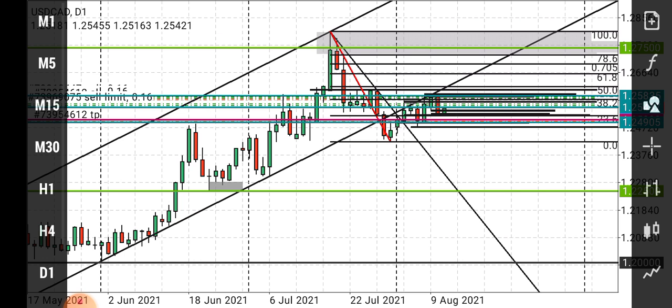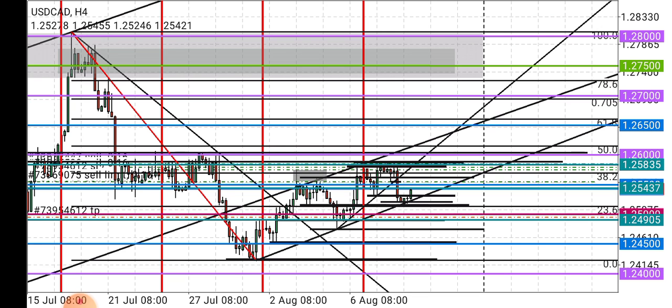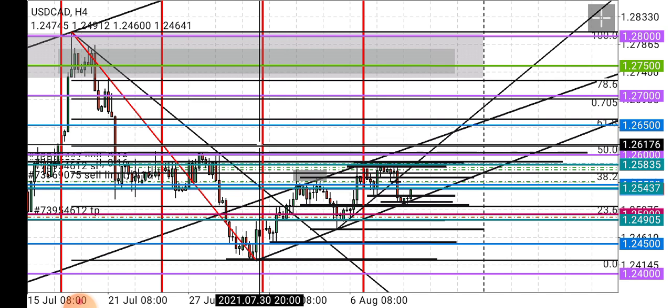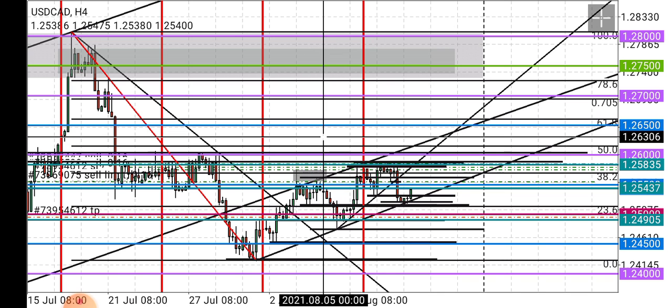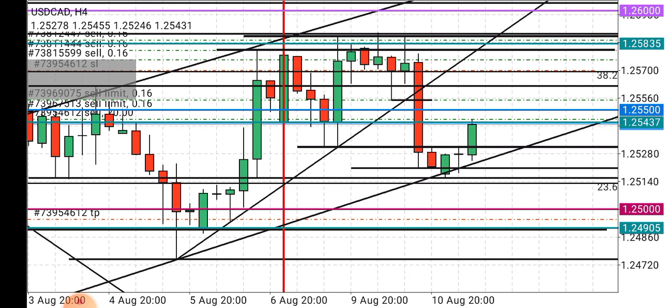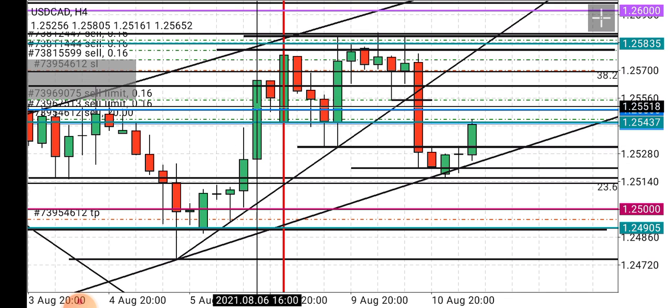Then on the 4-hour chart, the red vertical line shows a week of weak price activity. I'm interested in the high of last week, which is this very high here.